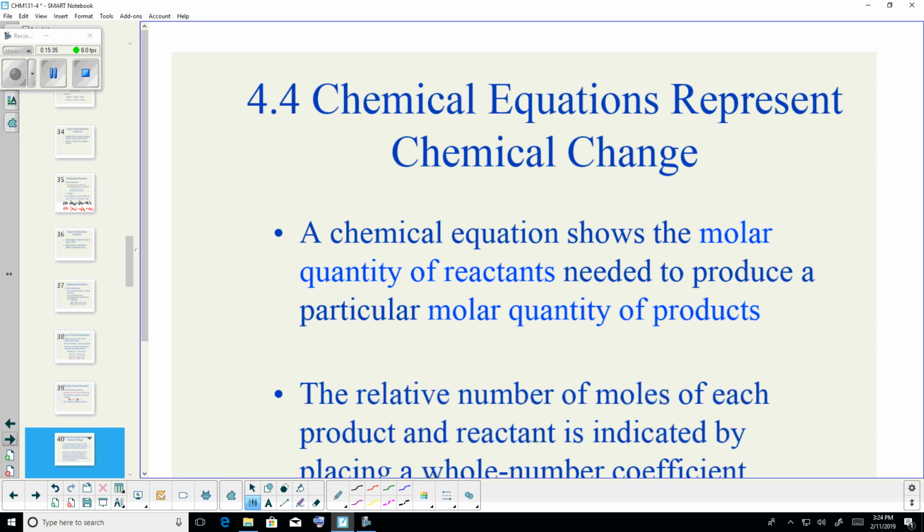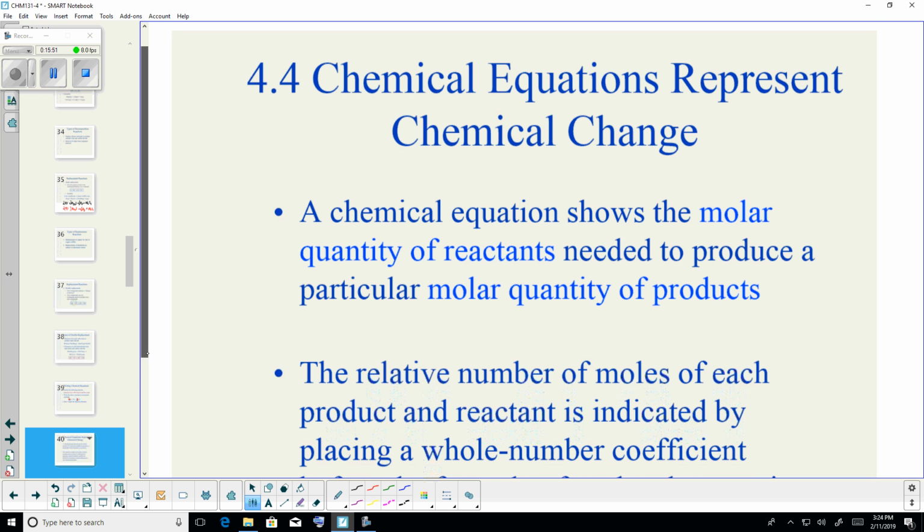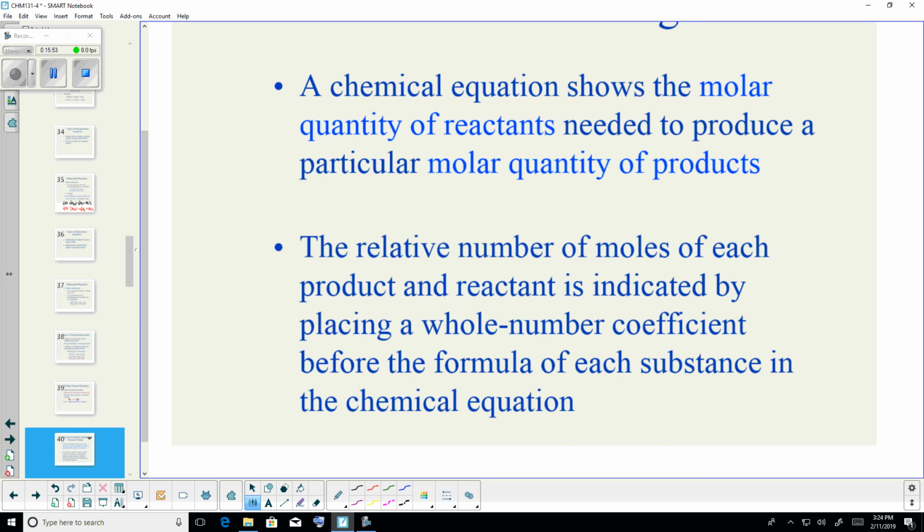So I need 1 cup of sugar, 2 cups of flour, and I end up with 1 cake. Chemicals react in molar quantities, not gram quantities. So it's a whole number before each reactant. That's the coefficient.